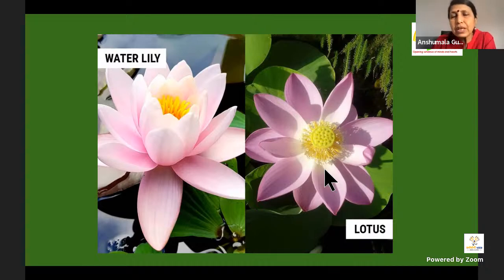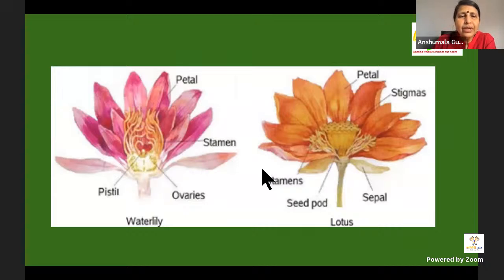Water lily and lotus are not the same, and they have different structures. So here's water lily, look at the way the water lily has its males. Males are of different heights and they are crowded around the female. The female is small here, which is called the pistil. So the pistil is the female. The female tip is inside and the males are crowded around.